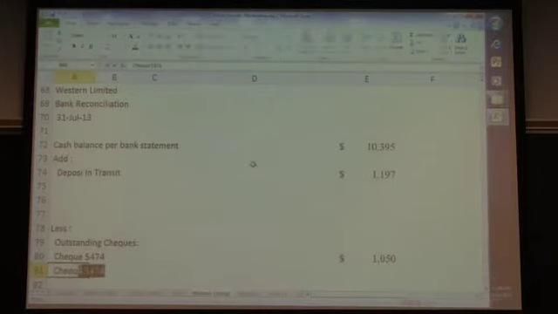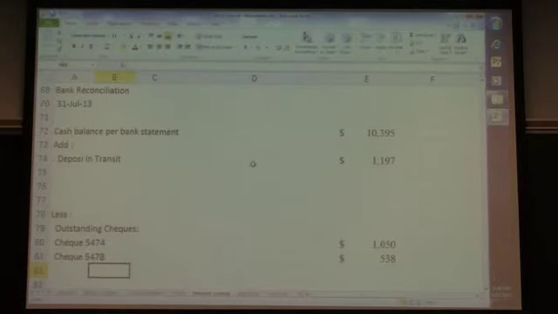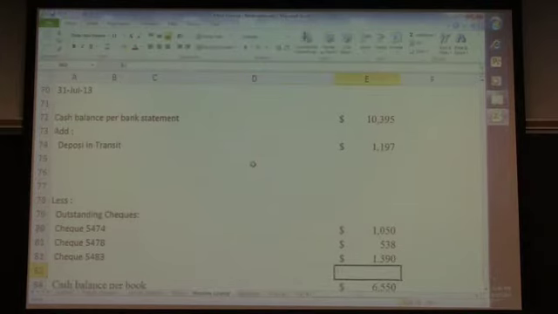And we also have check number 5478, which is $538. And we also have check number 5483, which is $1390, which is what we have discussed earlier.